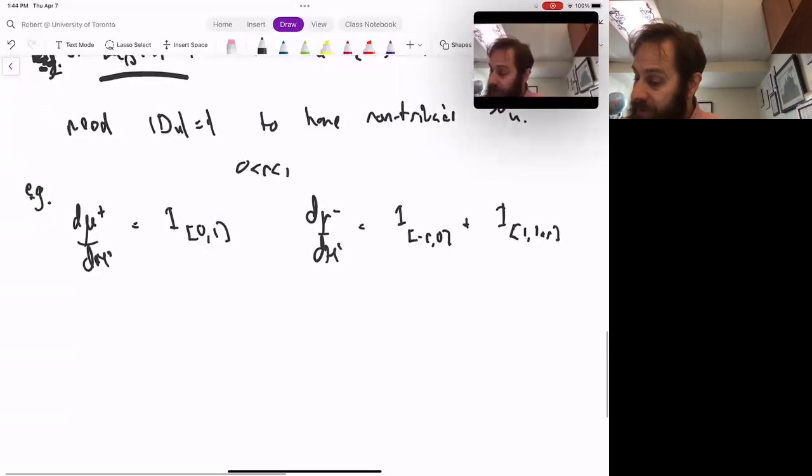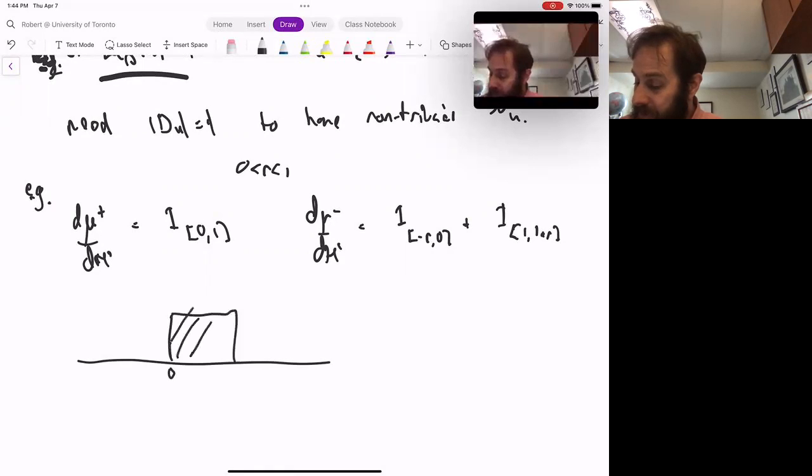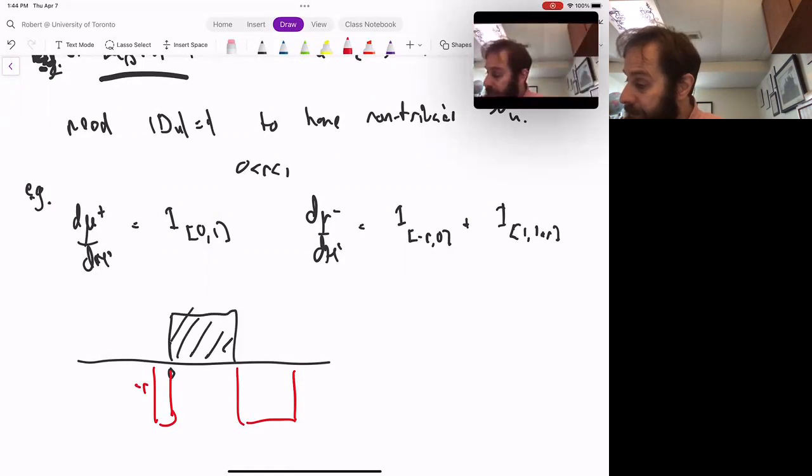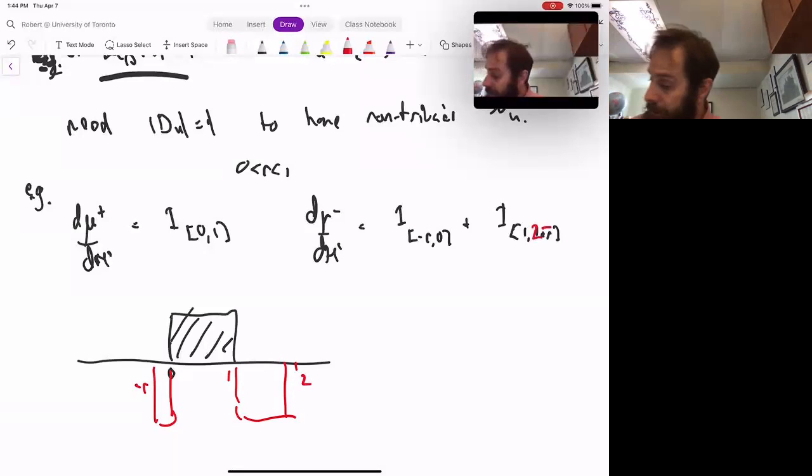And so the picture is that my source looks like this, and my sink looks like that. Sorry, things don't add up very well right now. So if I want to make this add up, then maybe I should do 2 minus r. So if this is 2 and this is 1, I should put 2 minus r here.